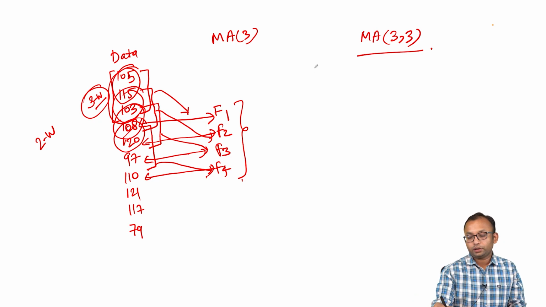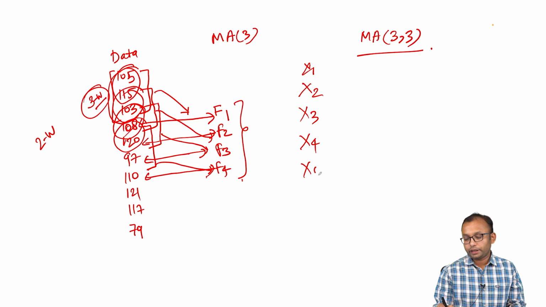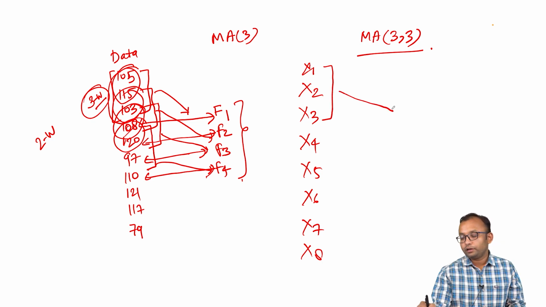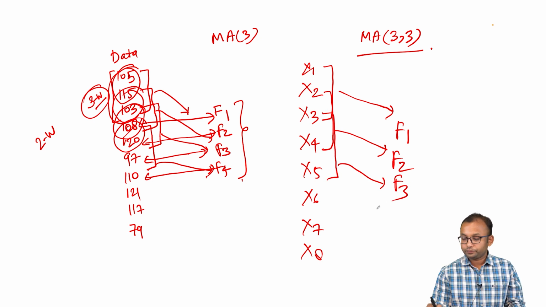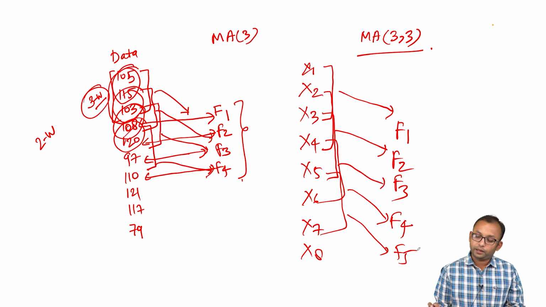Let us say this is your original data x1, x2, x3, x4, x5, x6, x7, x8, like that. You take these 3 and calculate F1. Then you use these 3, calculate F2. You use these 3 and calculate F3, then these 3 and calculate F4, then these 3 and calculate F5, like that.